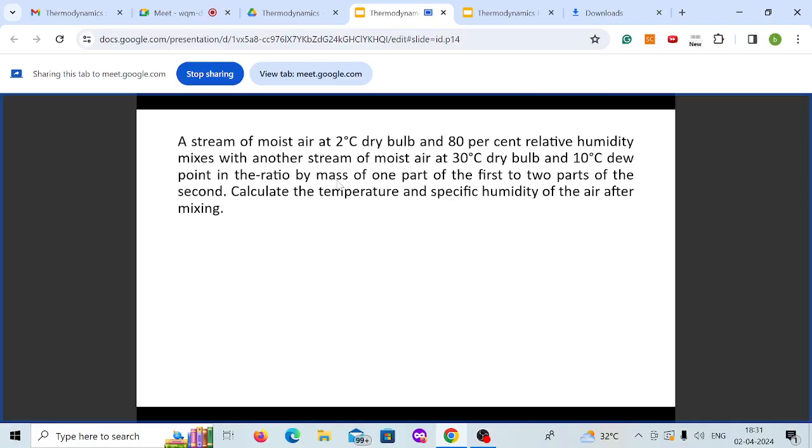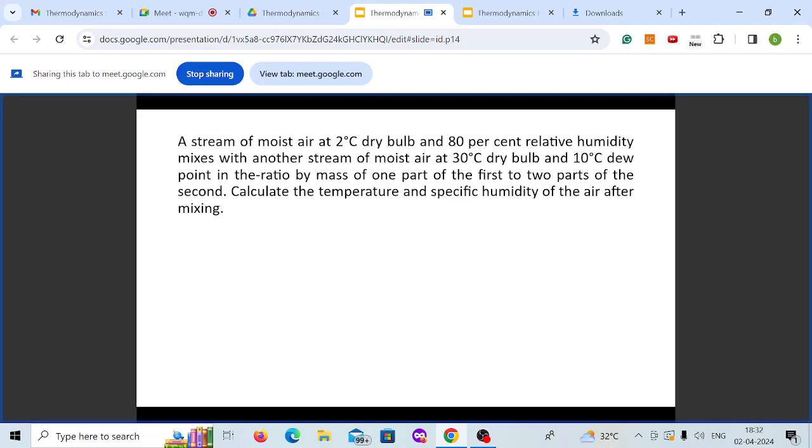So moving on, the next question is: a stream of moist air at 2 degrees Celsius dry bulb and 80% relative humidity mixes with another stream of moist air at 30 degrees dry bulb and 10 degrees dew point. The ratio by mass of one part of the first to 2 parts of the second. So it's a mixing problem, with two streams of air mixing.